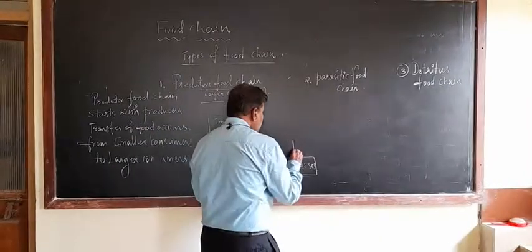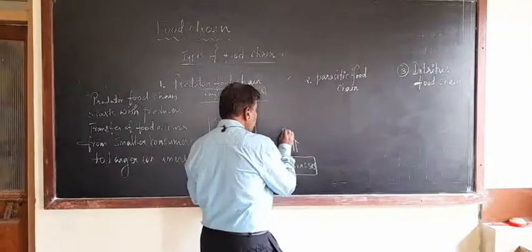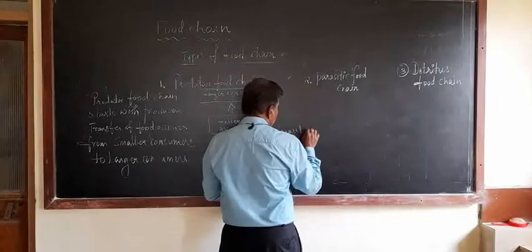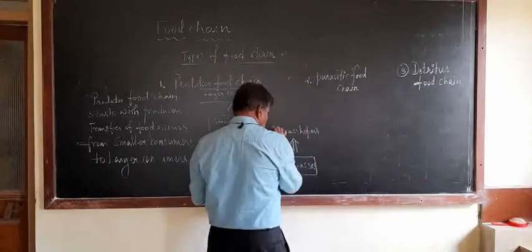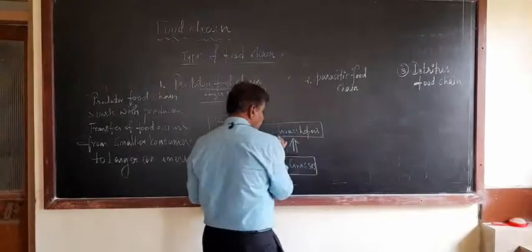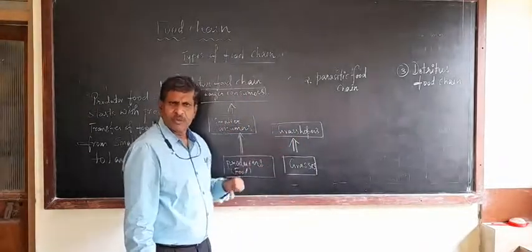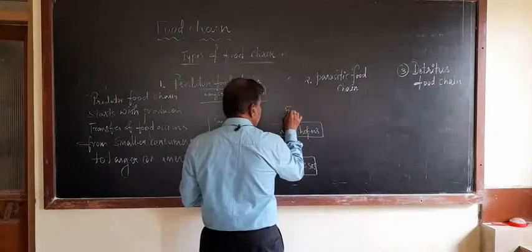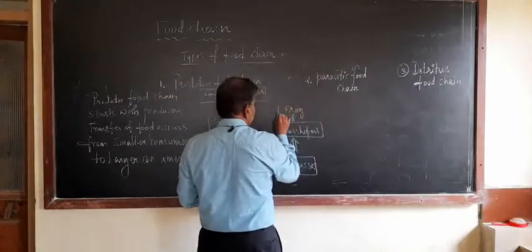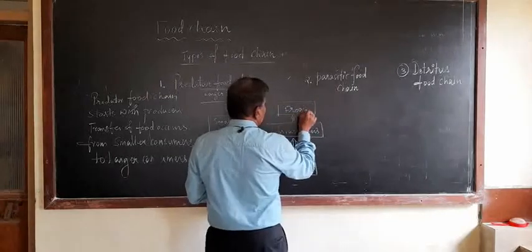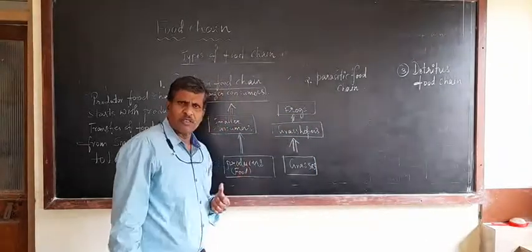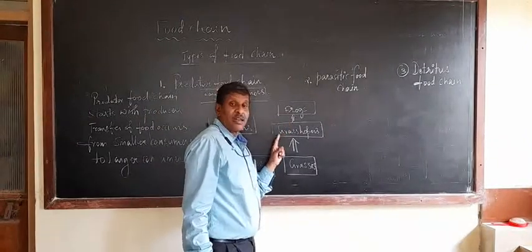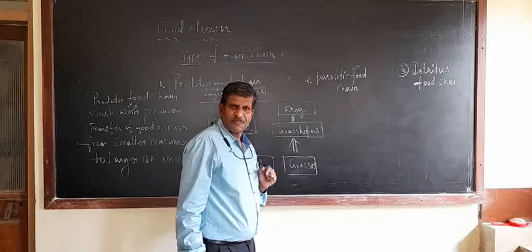And these grasses are consumed by primary consumers, basically insects like grasshoppers. Okay. They feed upon the grasses and get their food. And you also know that these grasshoppers are fed upon by animals like frogs. Look at this, frogs are a little bit larger than grasshoppers.